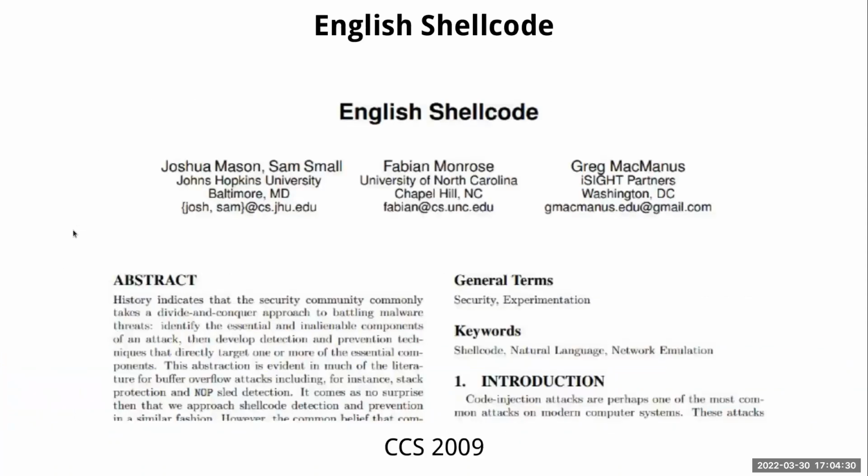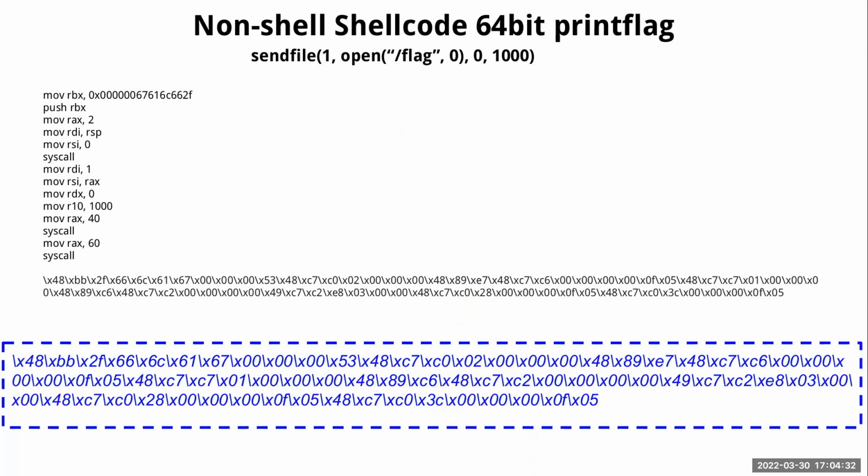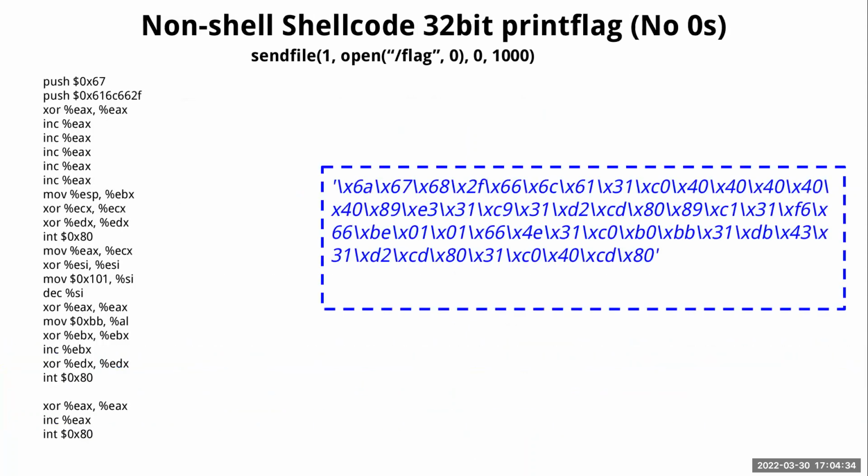So you may wonder how far this can go, right? I mean, we can create shellcode where we do not worry about those bytes, they could be any bytes, readable or not printable, or we can create shellcode without zeros. So we carefully design those instructions.